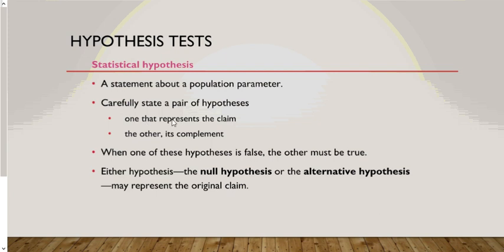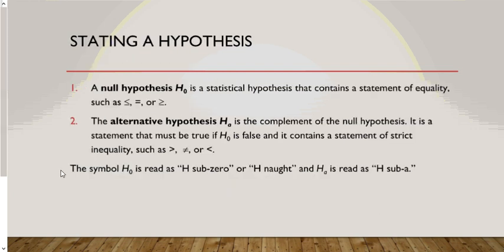One of them represents the claim, and the other one is the opposite, so that only one can be true. There's no wiggle room where they might both be false or they might both be true. We can't do that. When one of the hypotheses is false, then the other one has to be true. So that's why we have to be very careful about how we word our hypotheses.